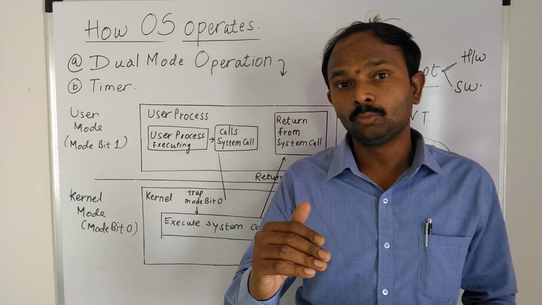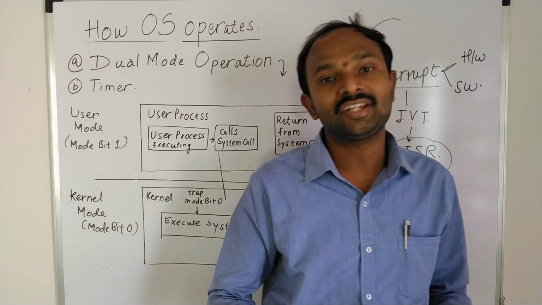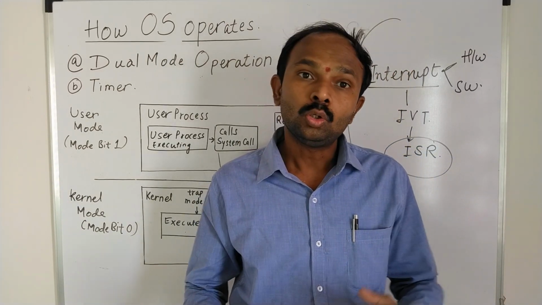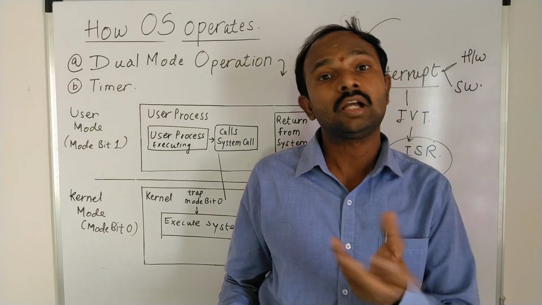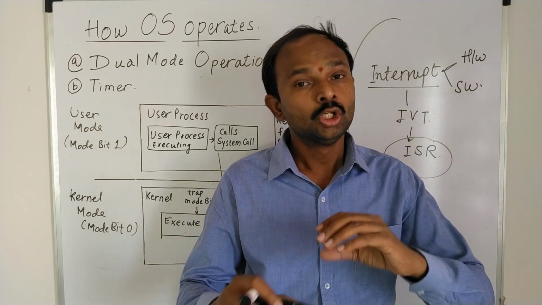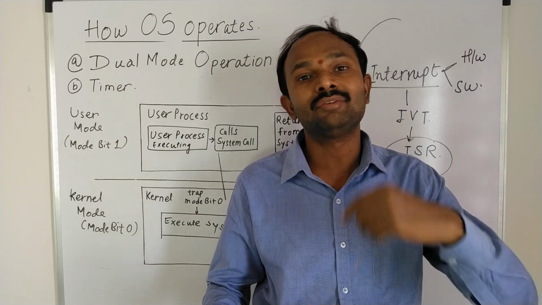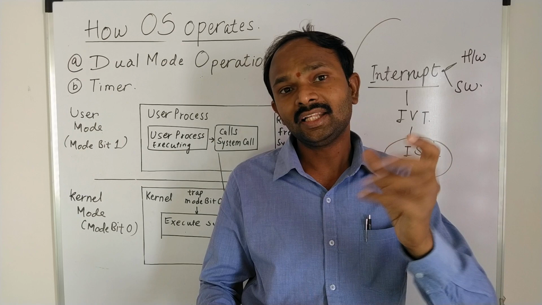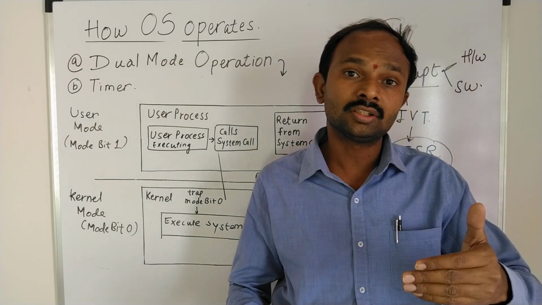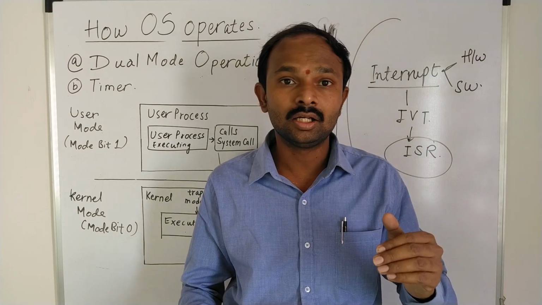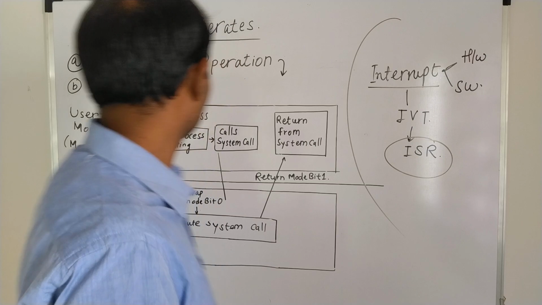Then from the kernel mode, the control is given to the user mode, and in the user mode the user actions happen. So at the very first, the control is given to the kernel mode when the computer is starting, and then to the user mode where the activities are performed by the user. We will see how this sequence of operations happens with the help of dual mode operation.